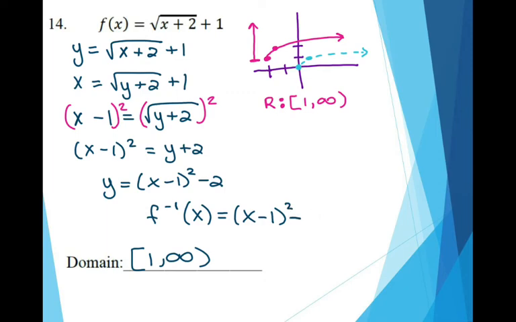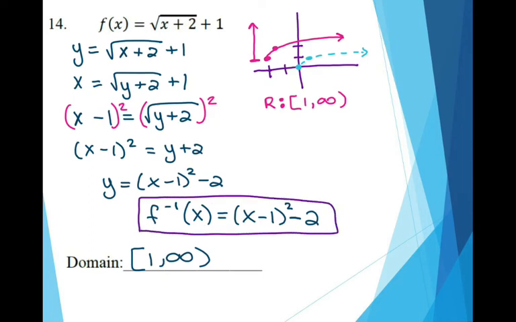Now, what we ended up with for our inverse was a quadratic. And normally with quadratic functions, the domain is all real numbers. But because we did take the inverse of a square root, we do have these limitations for square roots, which is going to result in a limitation for the domain of the inverse.